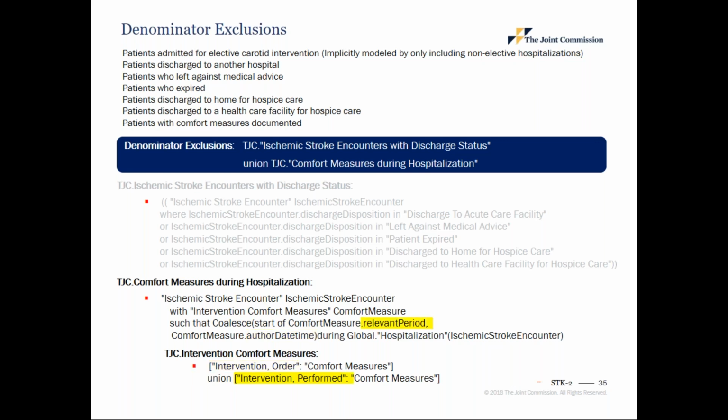However, relevant period is the only attribute associated to the intervention performed data type. So this is where coalesce is used to look for those time attributes. Relevant period is listed first because relevant period is a timestamp when the comfort measures occurred. If a timestamp does not exist, then the logic would look for author date time, which is a timestamp of when the comfort measure order or documentation was entered.